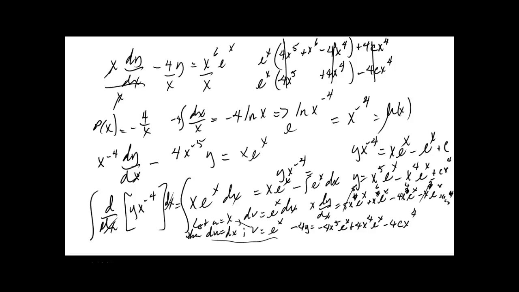Yes, it works. Now that checking is almost so tedious, you could be more likely to make a mistake there than you would in solving the problem. But if you're careful with it, you can check it and see, yes, that does work. All right, so that was your, okay. Why didn't I look down this page?